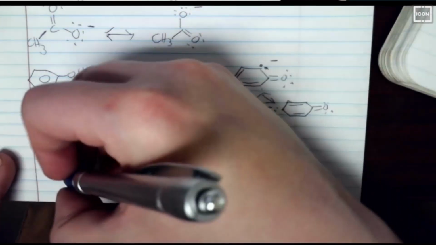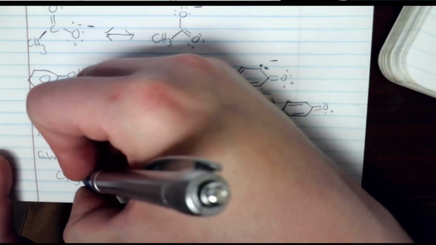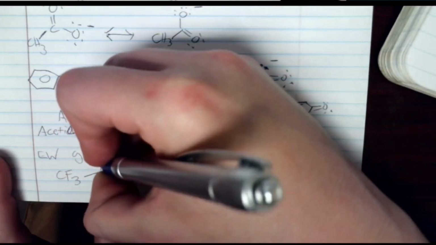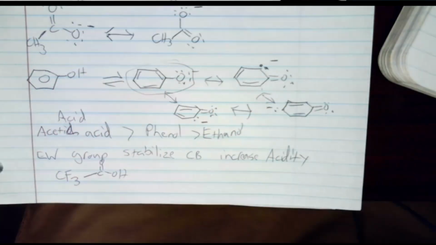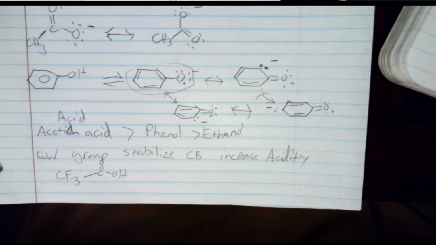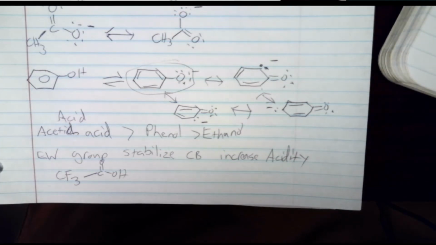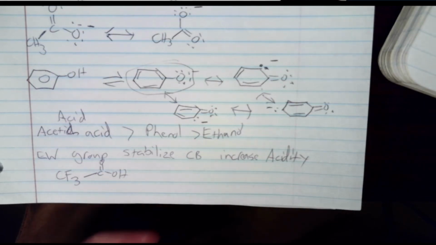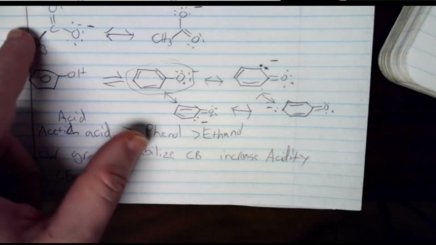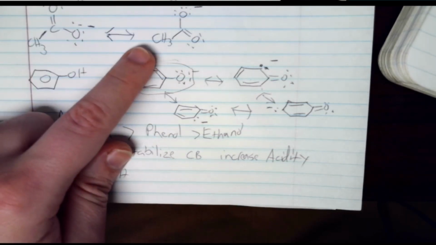So for example, CF3, trifluoroacetic acid is going to be far more acidic than just normal acetic acid because induction is going to pull electron density out of that resonance, the acetate, and thus stabilize that more.